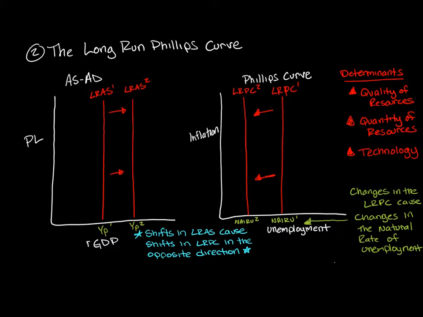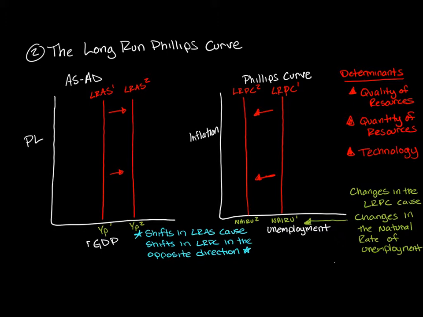Keeping in line with the changes that happened in the short run, the long-run Phillips curve is going to have the opposite effect that the long-run aggregate supply curve does. So taking a look at our long-run aggregate supply curve, if we have better productive technology, that'll result in a rightward shift of long-run aggregate supply, but a leftward shift in the long-run Phillips curve.